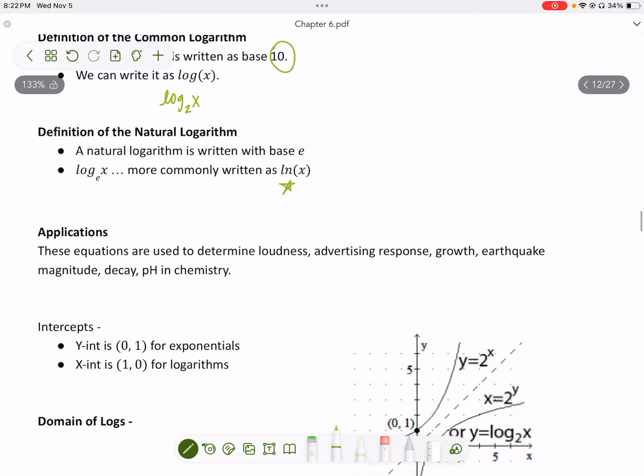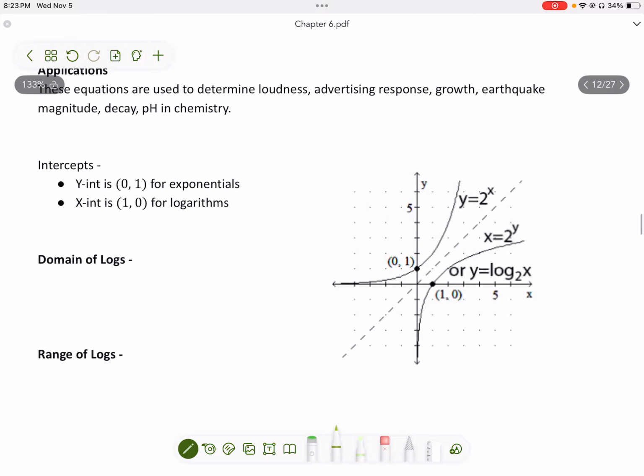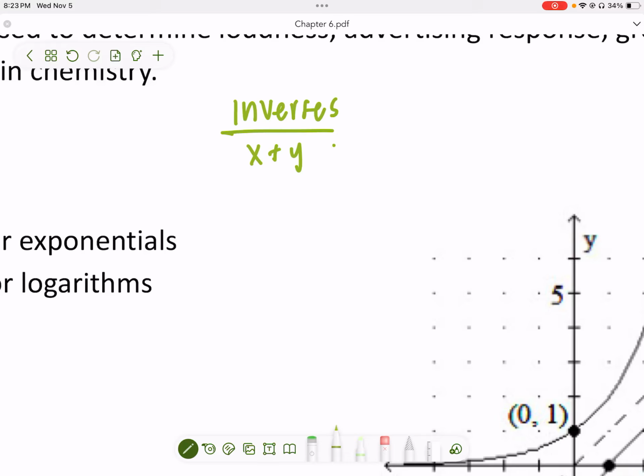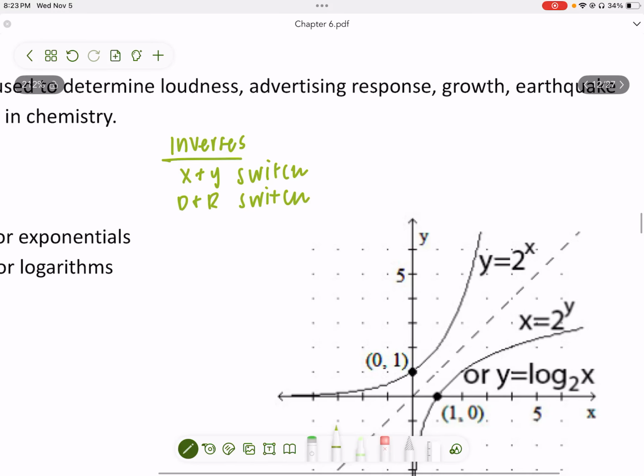So it is worth taking the time to feel comfortable. Now, I've already mentioned once that these are inverses of each other, and you might remember a little tidbit about inverses is that the x and y values can switch and the domain and range switch. So that actually makes logs not so bad.